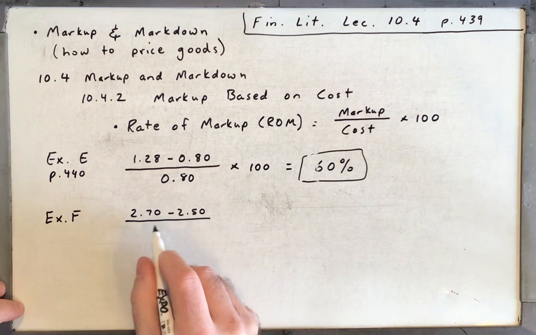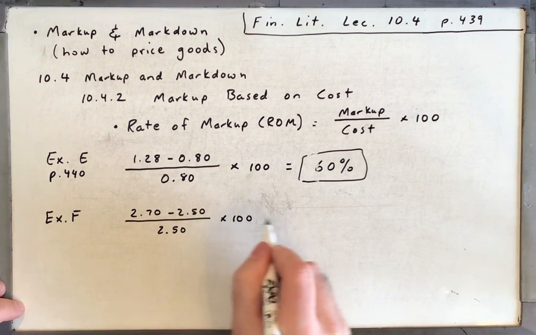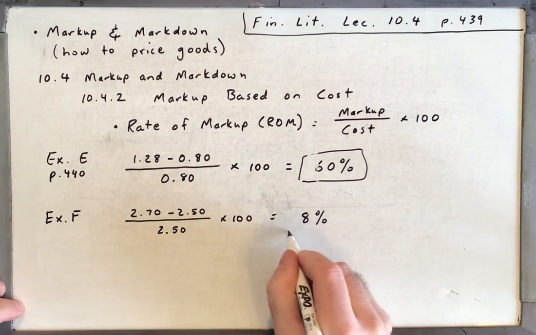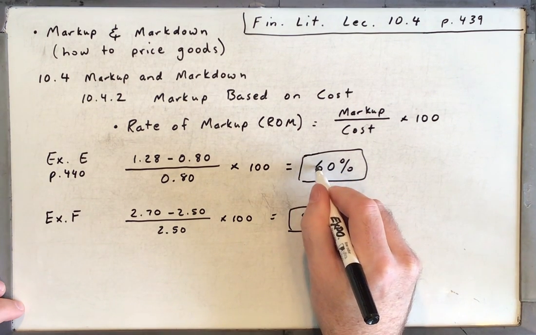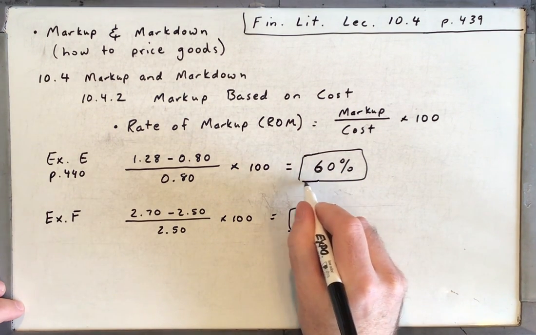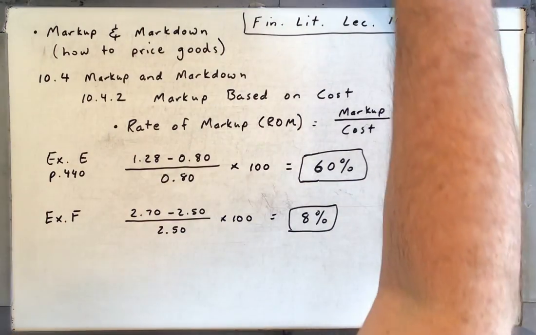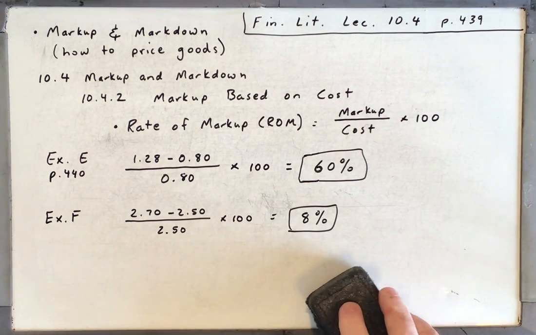We're basing it on the cost of 2.50, so that goes in the denominator, times 100, and that is 8%. Okay, so pause the video if you need to, and I have one more little section called Markdown.